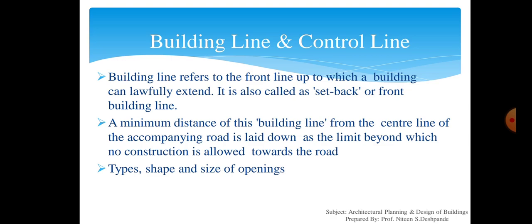Generally, these control lines, from the center of the joining street or road, may be about 1.5 times that of the building line. This is very, very important. Which means the distance of the control lines is always greater than that in case of the building line. Okay.